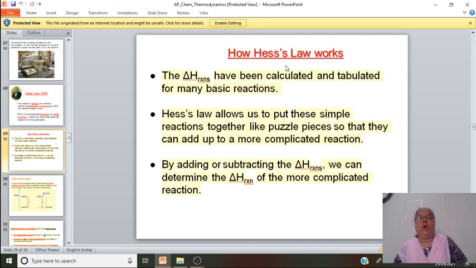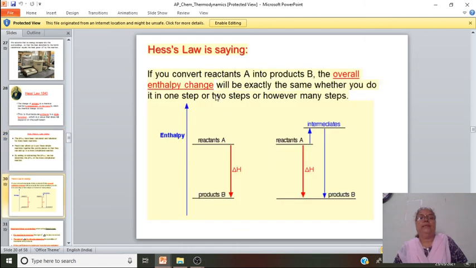The Hess law. Here the enthalpy of any reaction has been calculated and tabulated for many basic reactions, and for this purpose we use Hess law. Hess law allows us to put the reactions together.